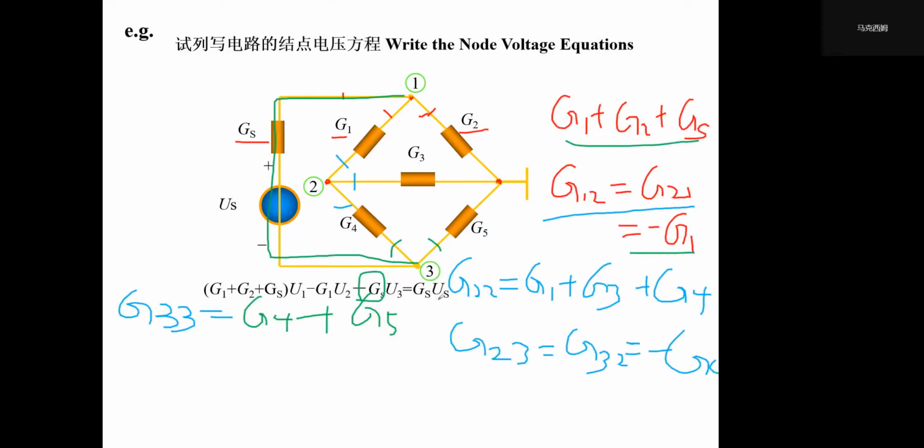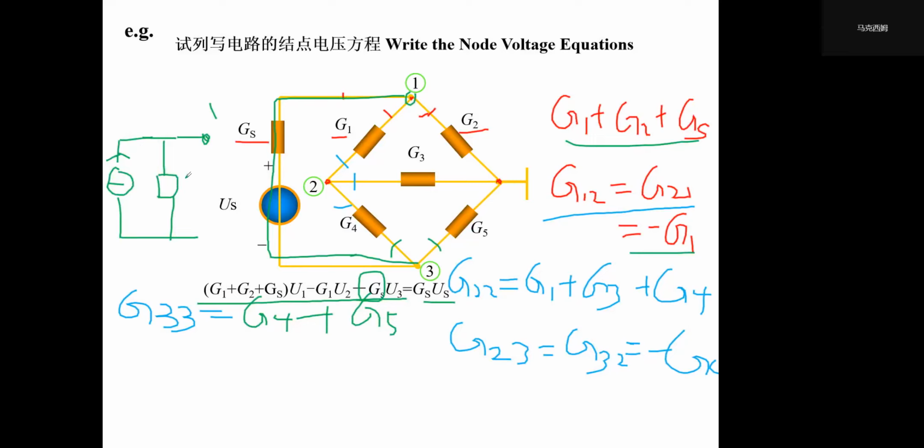The left side is the taker. We see that the right side is a giver. So the current that flows in to node 1, we can transform into a corresponding current source, together with the green branch we have.